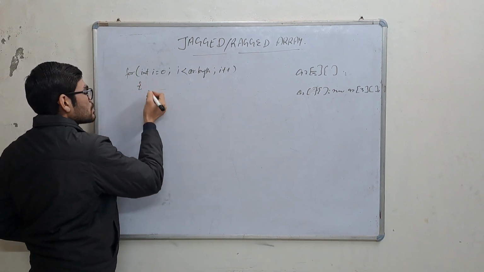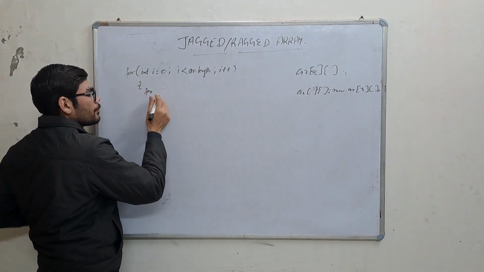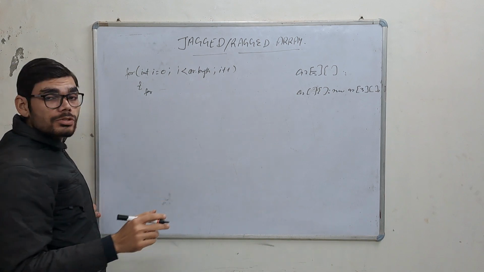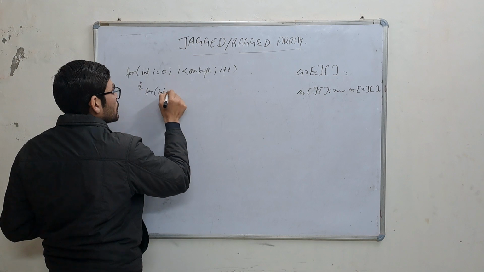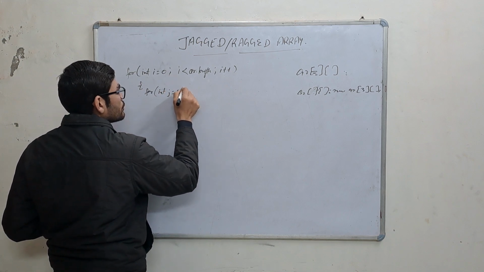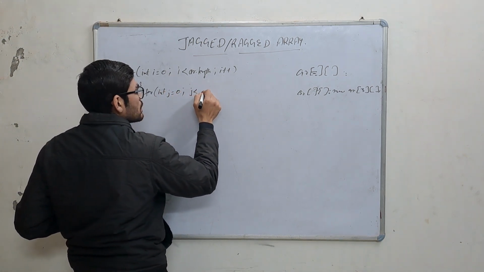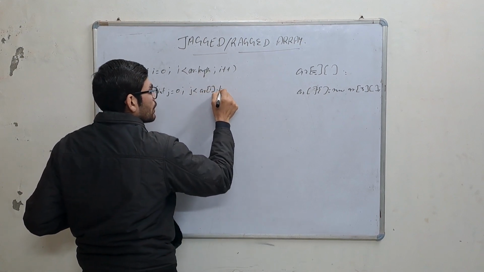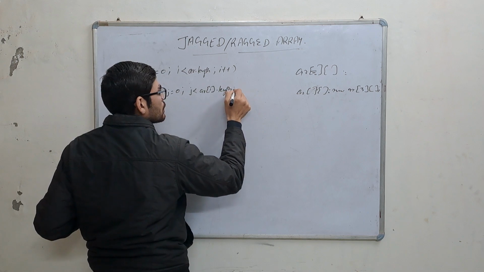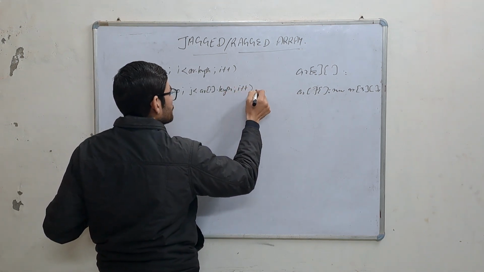and inside this we write another loop to assign the values in the columns. So for int j equals 0, j is less than AR[i] dot length, j plus plus.